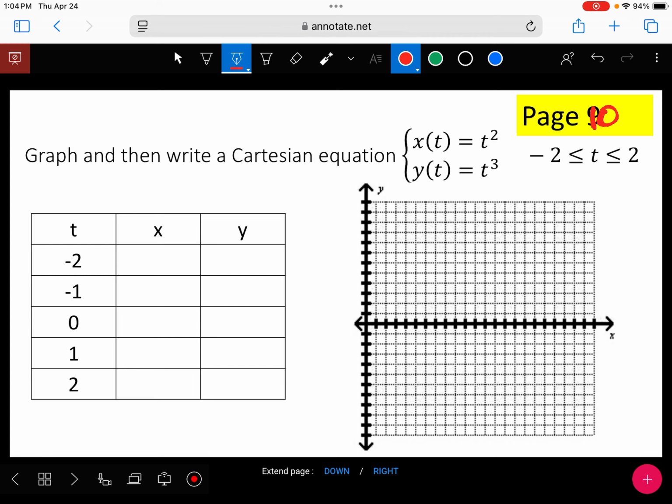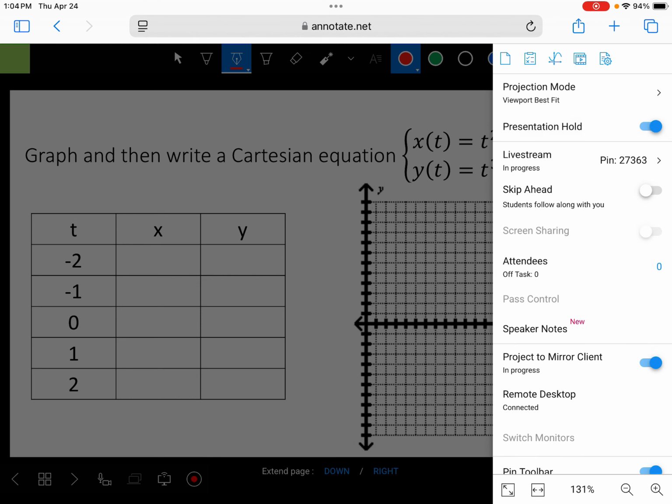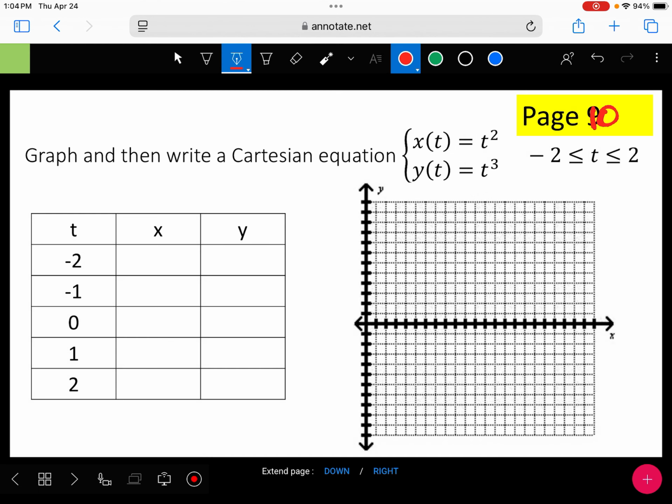Again, I think it's a lot easier if you just do it, because you know how to square a number without a calculator, so we can save some time here. And then just graph it.